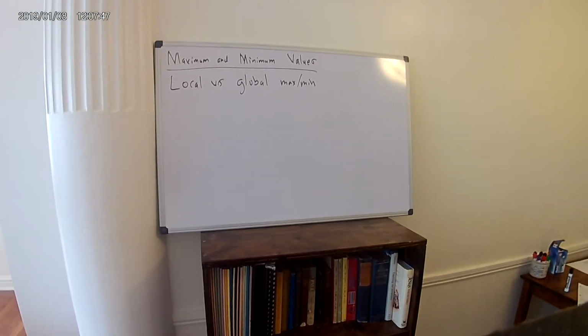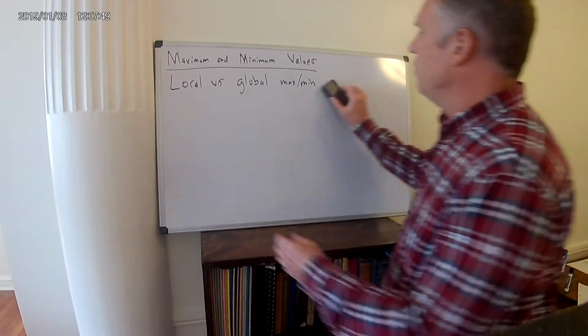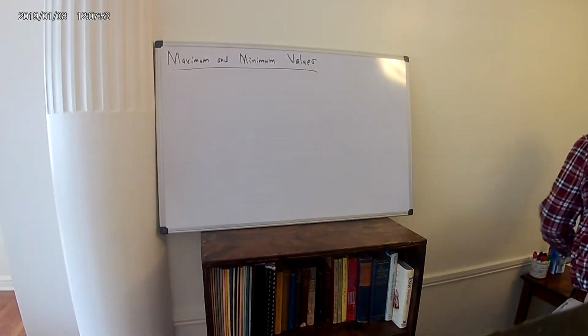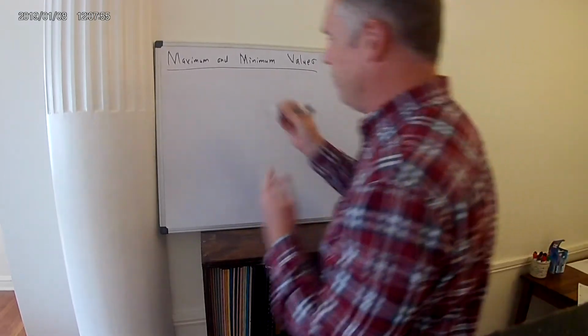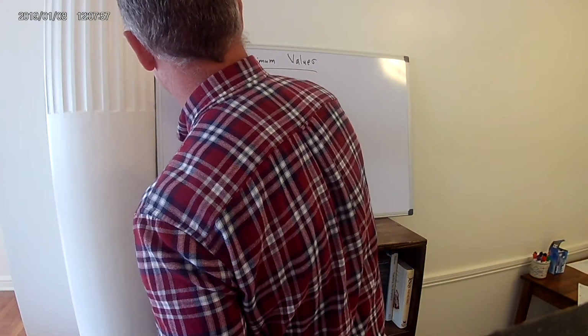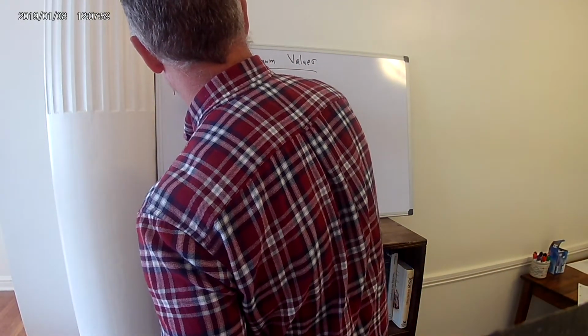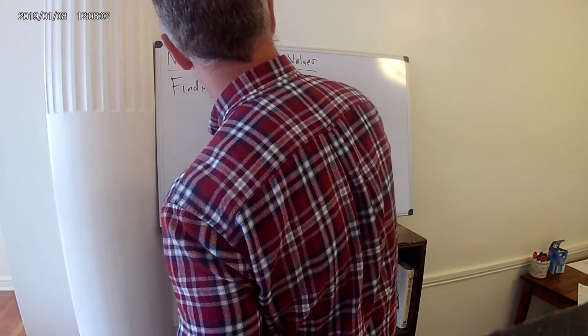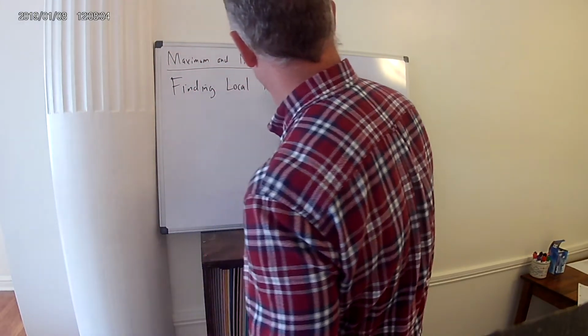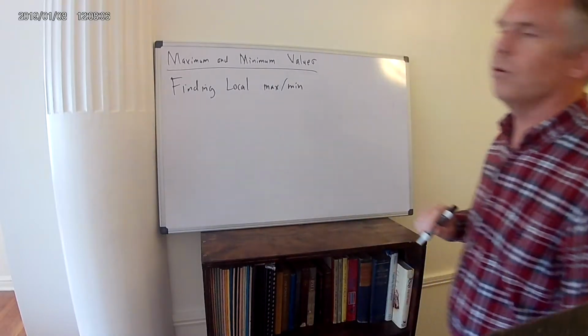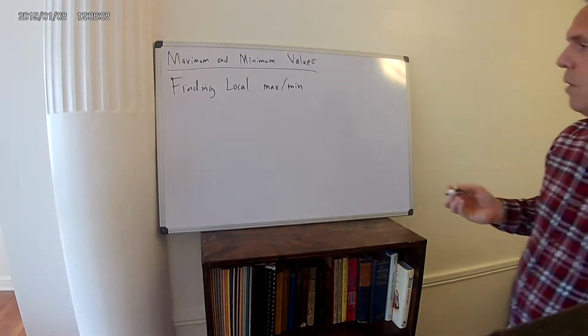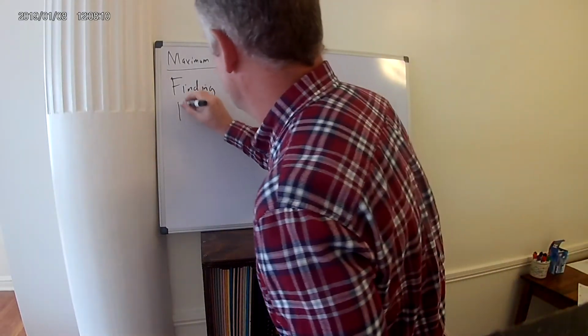What I want to do now is talk about how we find local maxima and minima. Well, we use something called Fermat's theorem.